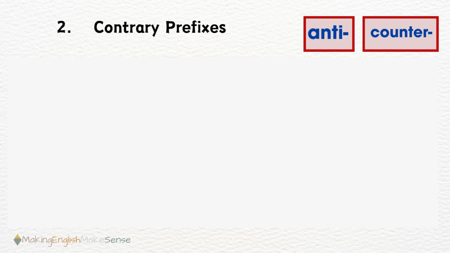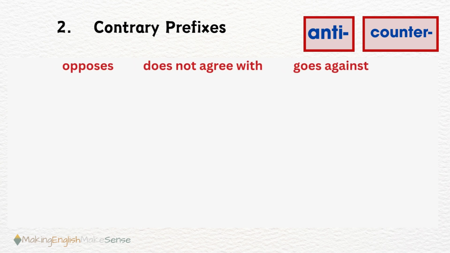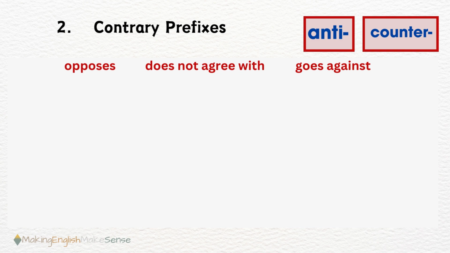Our next category of prefixes is called contrary prefixes and includes the prefixes anti and counter. These prefixes are used to show that someone or something opposes, does not agree with, or goes against what the base word normally means. Let's use the word social to show what I mean.